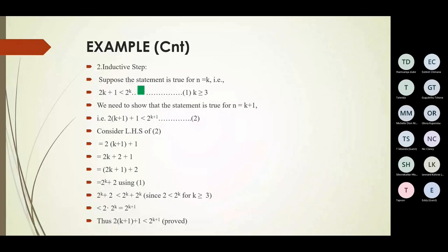Suppose that P of n is true for n equal to k. That is 2k plus 1 is always less than 2 to the power k, for k greater than or equal to 3.